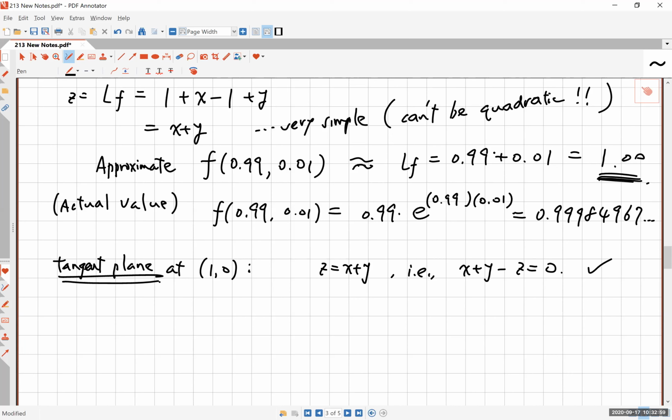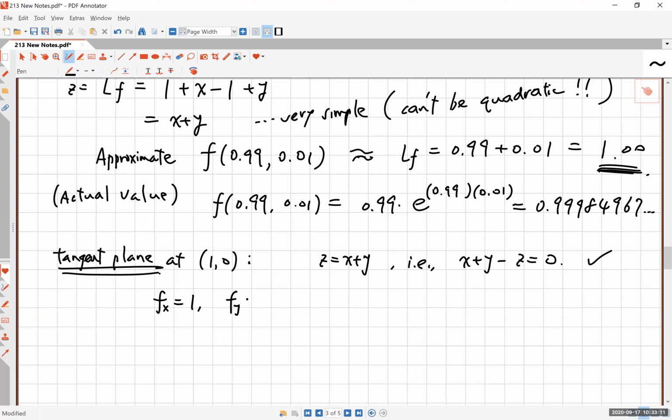Okay, but if you want to take the direct way, the formula I gave you at the beginning, remember f of x is equal to 1 and f of y is equal to 1, right? So your normal vector will be 1, 1, negative 1. And the point you should take, the point P, is 1, 0, 1.